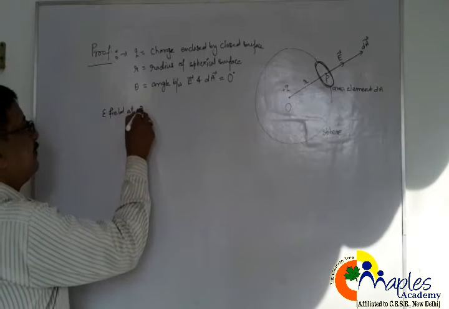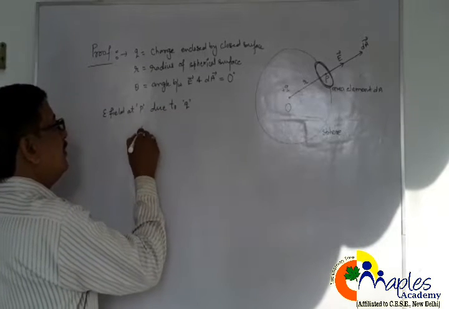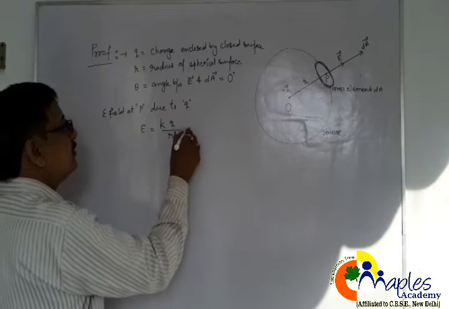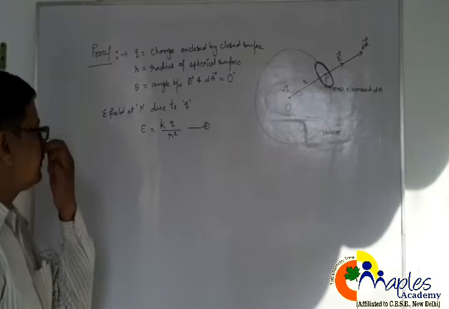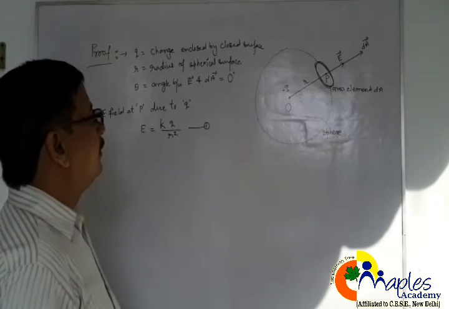Now the electric field at P due to Q. E equals K Q upon R square, equation first. What is K here? K is 1 upon 4 pi epsilon naught.